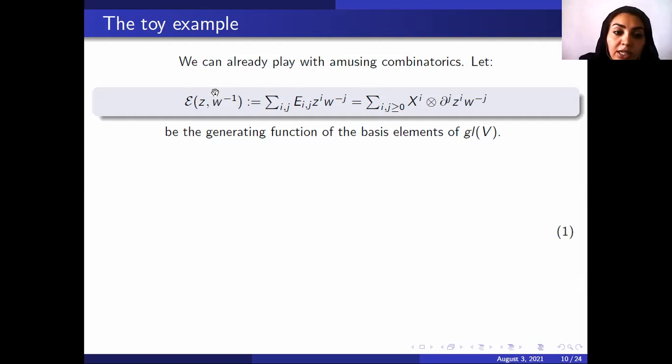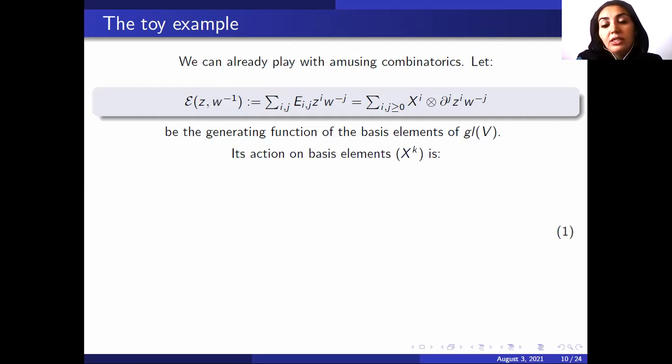We write it as E(z,w^{-1}), and we call it the generating function. The action of the generating function of gl(V) on V is determined when you can determine it on a basis element of V, like x_k.